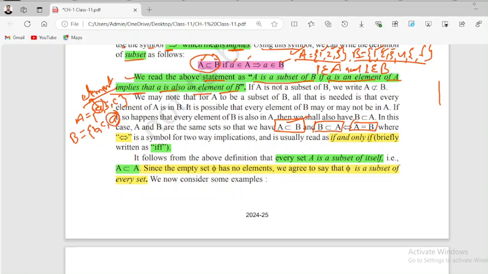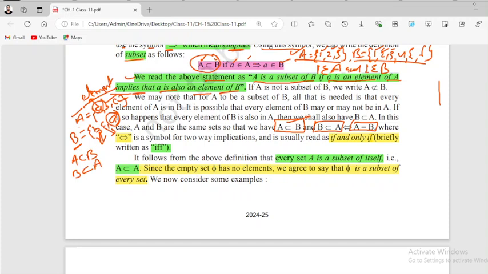b is also an element of set A and b is also an element of set B, and c is also an element of set A and c is also an element of set B. It doesn't matter what the position of the element in the set is. So for this type of set we can say set A is a subset of B and set B is a subset of A. Is it clear?